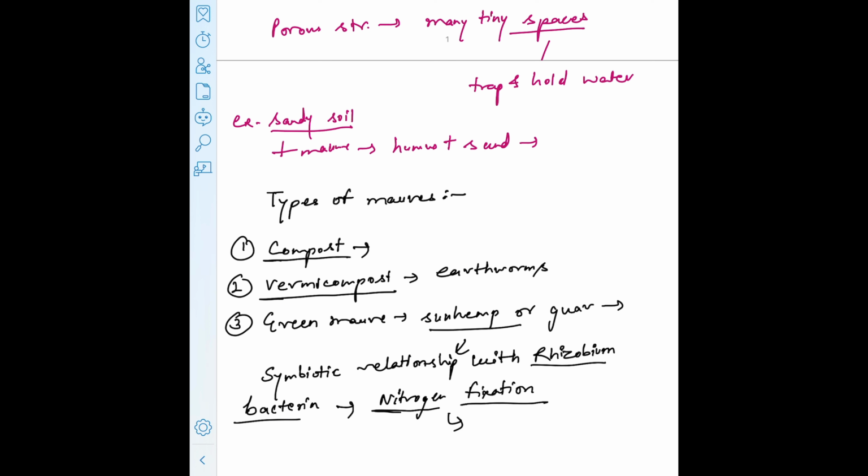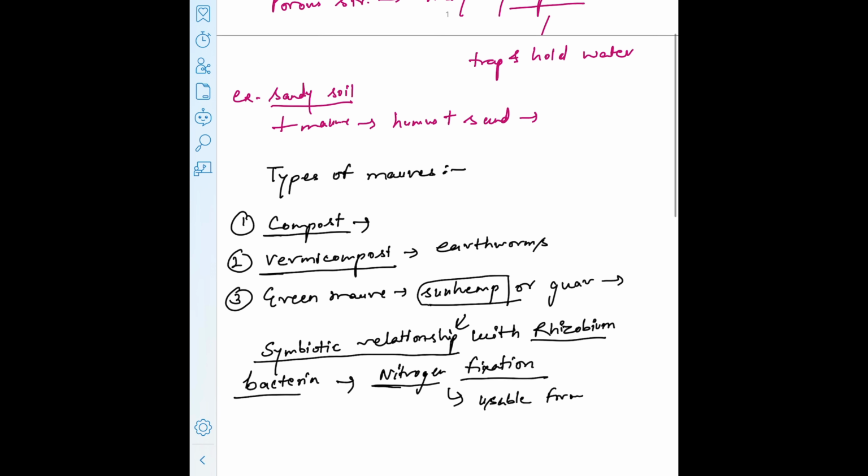Atmospheric nitrogen is fixed in the soil in a usable form. This atmospheric nitrogen is converted into forms like nitrates or nitrites that can easily be absorbed by plants. These rhizobium bacteria form a symbiotic relationship with plants like sun hemp and help them in fixing nitrogen.